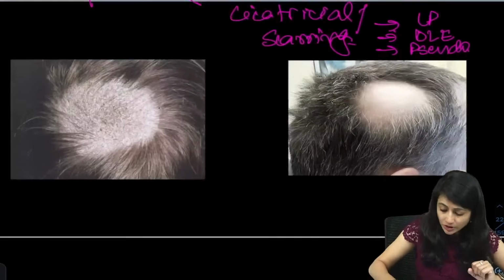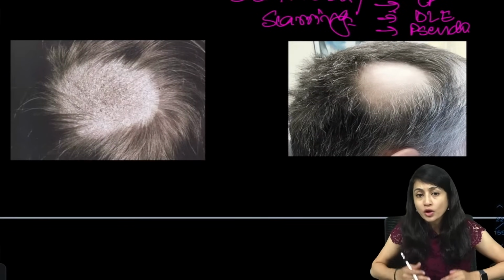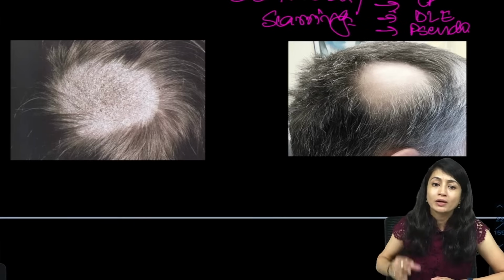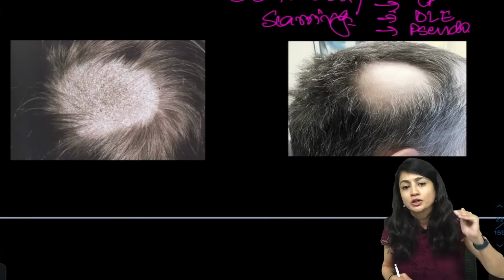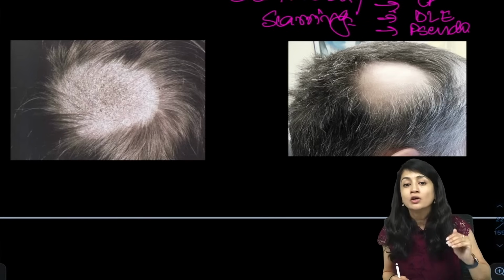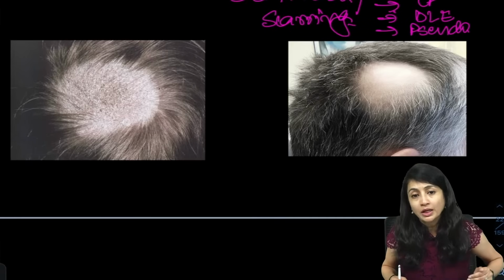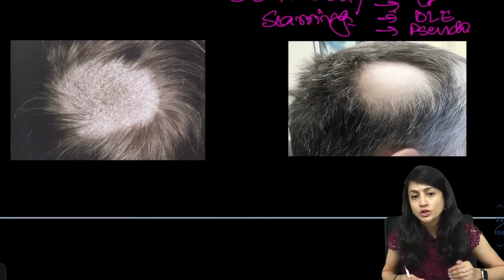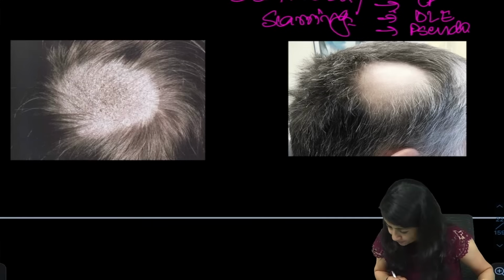Now, coming to this question, a child presents with patchy alopecia. So, what are your differentials and how do you differentiate between them when you get patchy alopecia? In the right side image, the question would typically be a patient presents with patchy alopecia with some grey colored scales on top. There may or may not be itching. So what is the diagnosis for the left side of the image?